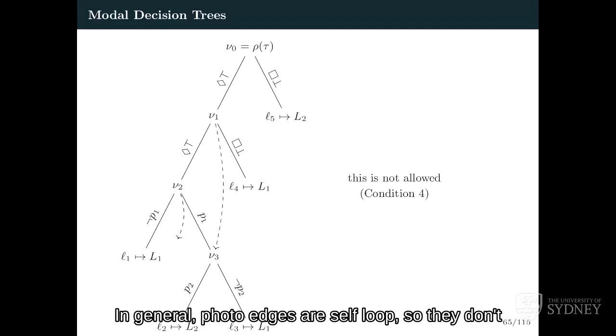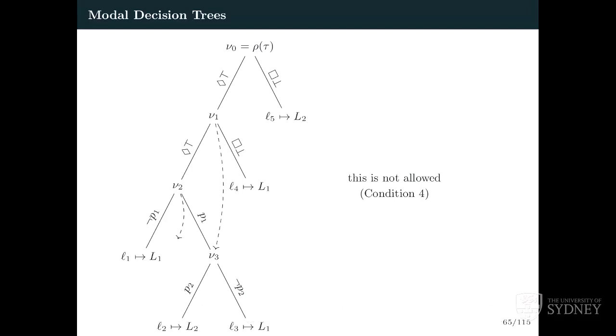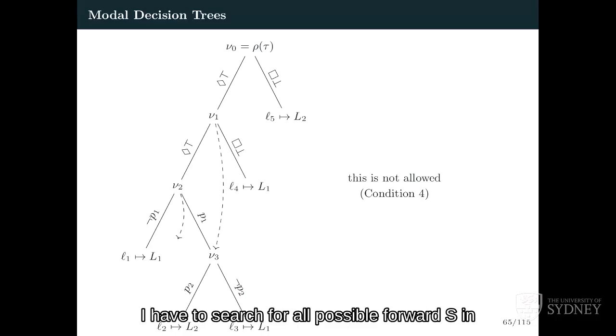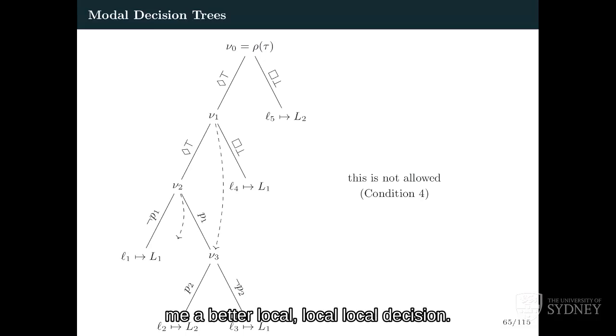In general, forward edges are self-loops, so they don't modify anything unless it is necessary. So in the original algorithm, the one we saw yesterday, I have to search for all possible forward edges in a certain situation to see whether modifying the flow of decision makes sense, and gives me a better local decision.